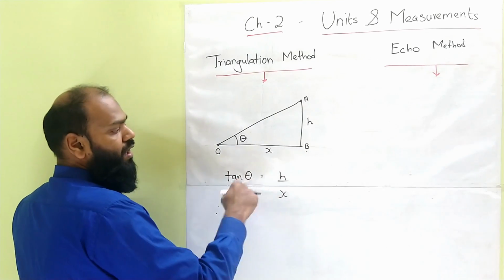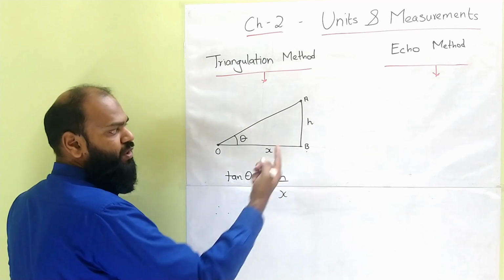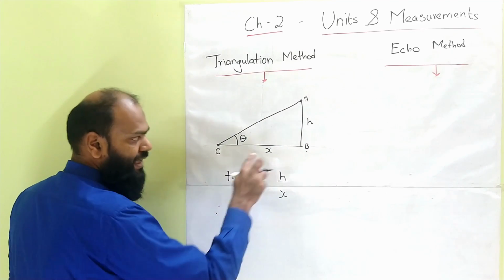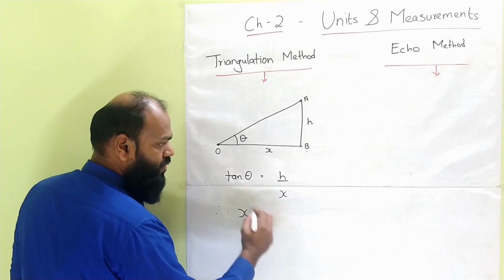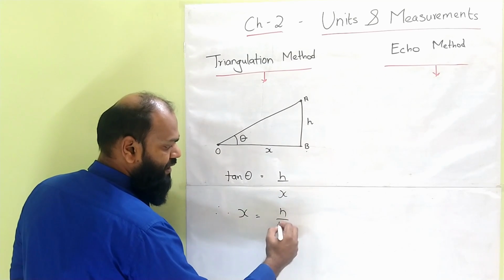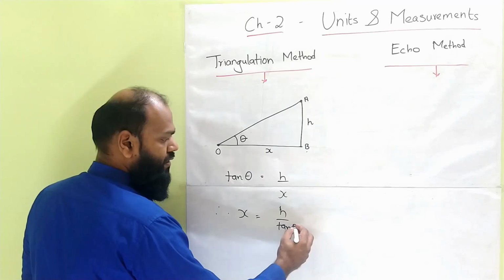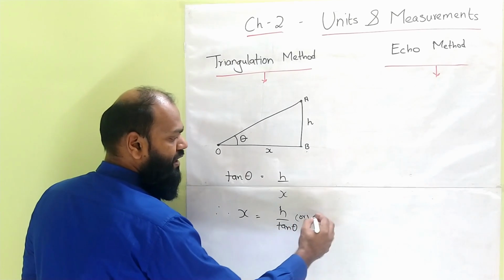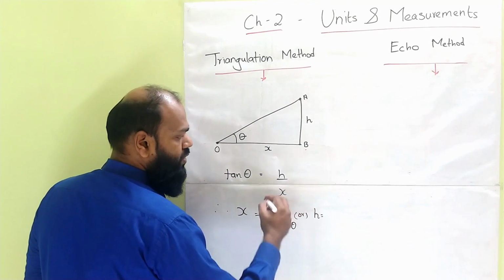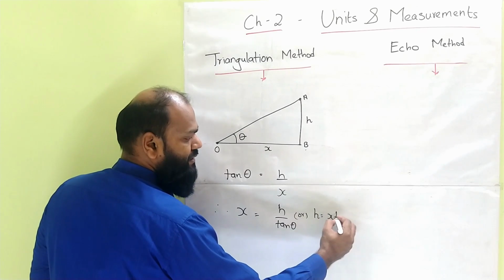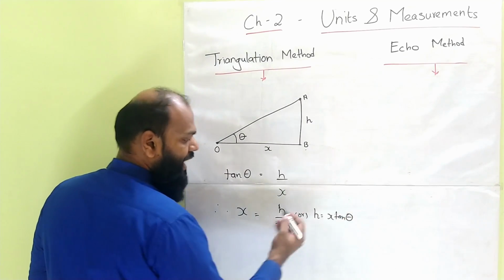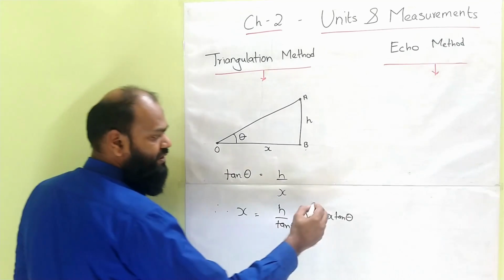Therefore, accordingly you can change whatever you need. For example, if I need distance x, x is equal to h by tan theta. Or if I needed h, h is equal to x tan theta. Either way you can write. So let me put this as equation 1.